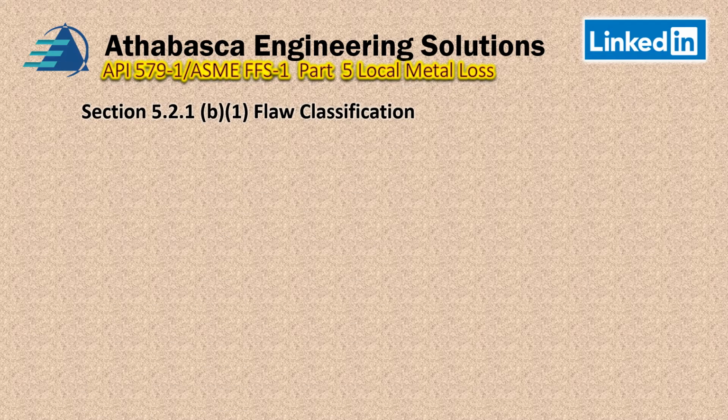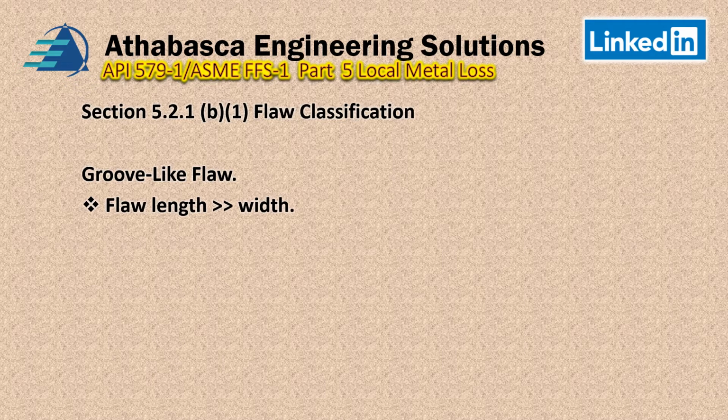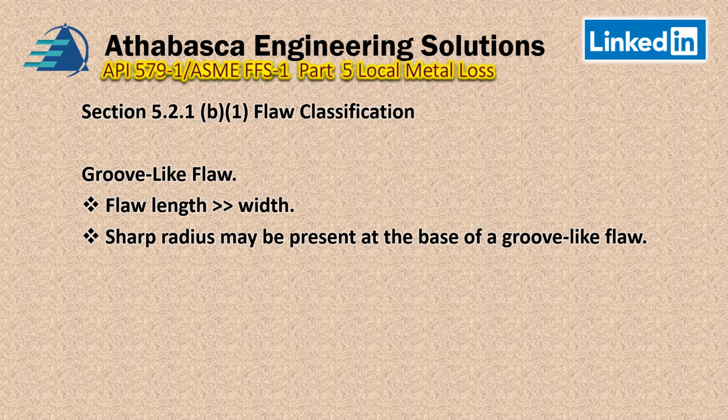So if we go to section 5.2.1 B1, there's a flaw classification, which we talked about in episode 1. It's a groove-like flaw. The flaw length is much greater than the width, and that's exactly what we see. So this one's pretty straightforward, and we have a sharp radius that may be present at the base of the groove-like flaw.